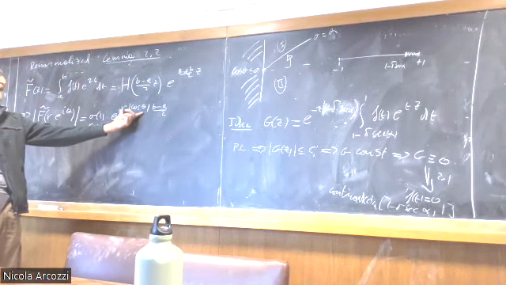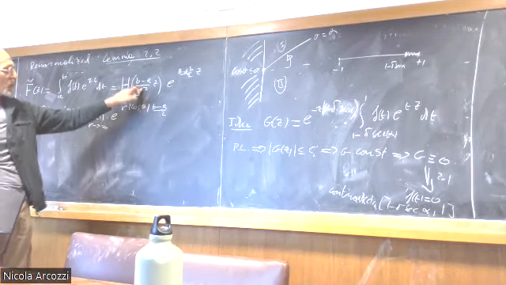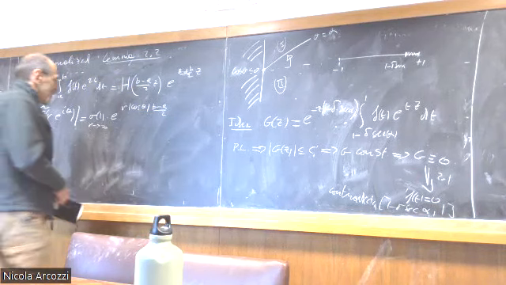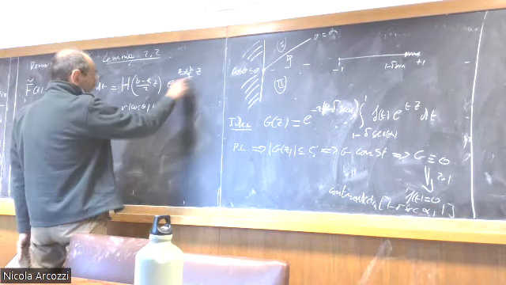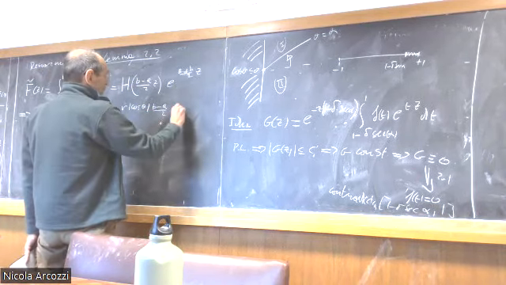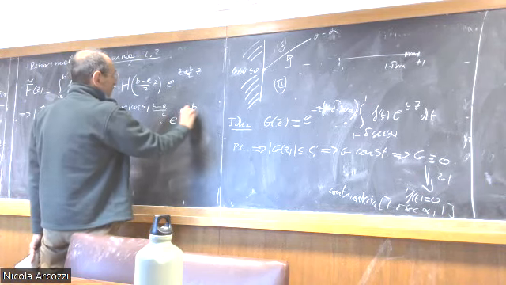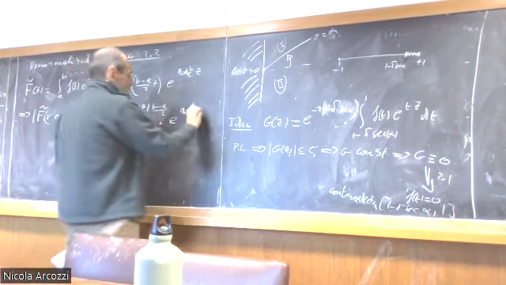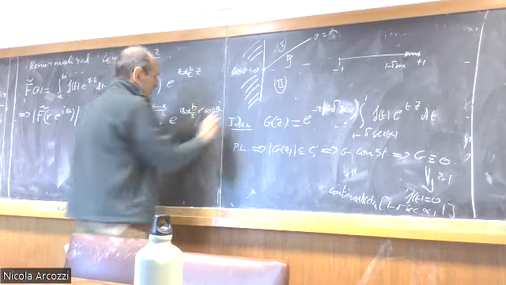This was what we had in the lemma, but remember that we have this extra factor here, which is e to the a plus b over 2 times r cosine of theta.